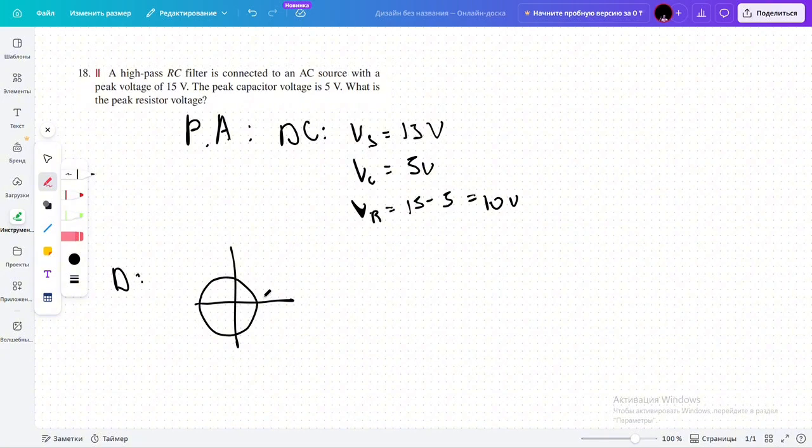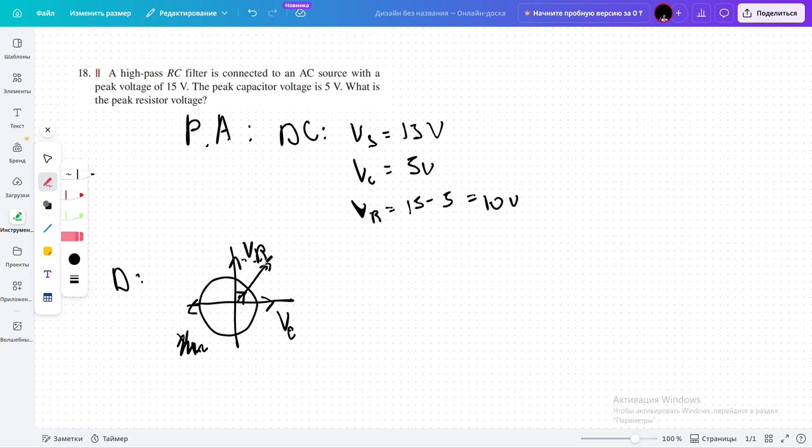The angle between voltage of capacitor and voltage of inductor is 180 degrees, but since we don't have an inductor, we just delete this. And we have the resistor. Here we have 90 degrees, and the source voltage will be like this.